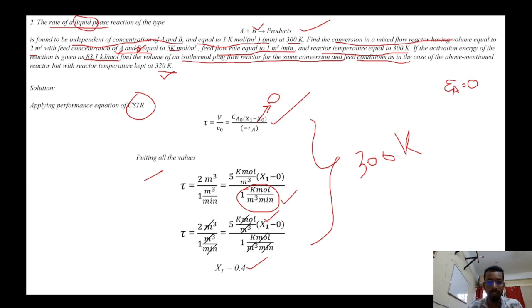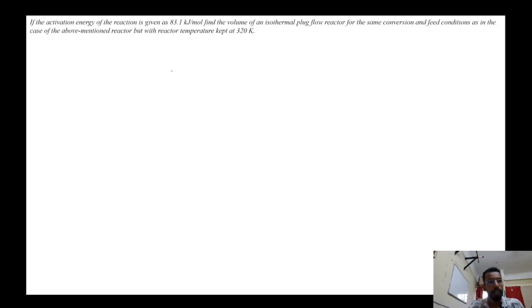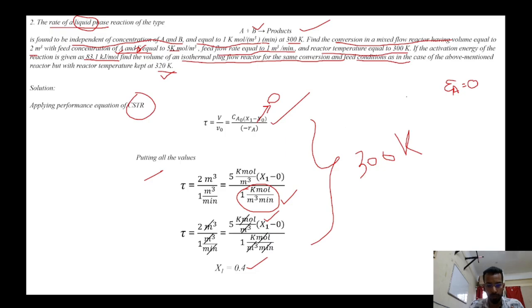So we have to calculate the rate constant at 320 Kelvin in order to use it in the performance equation of the plug flow reactor, which is at 320 Kelvin, right? So if the activation energy is given as this, the volume of the isothermal plug flow reactor for the same conversion 0.4 that we have calculated right here. Okay.